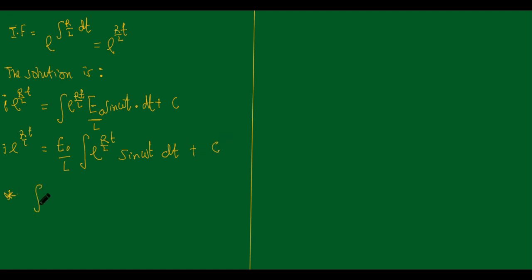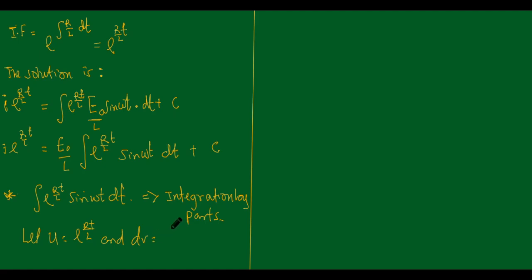Let's just consider the integral of e raised to power R over L t sine omega t with respect to t. We can solve this using integration by parts. So now let u be equal to e raised to power Rt over L and dv be equal to sine omega t dt.